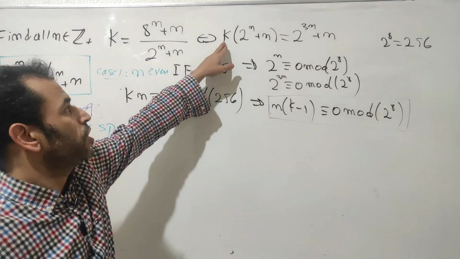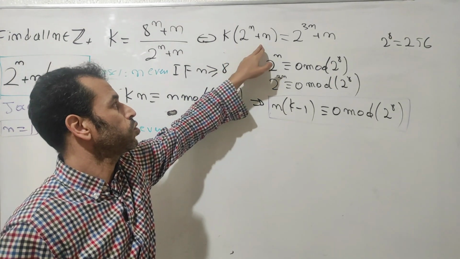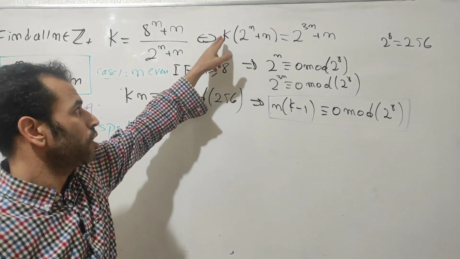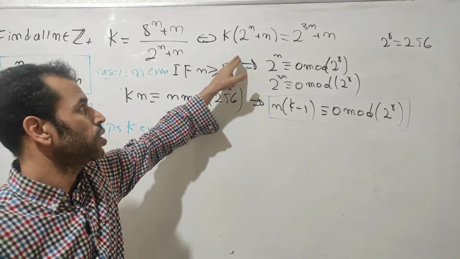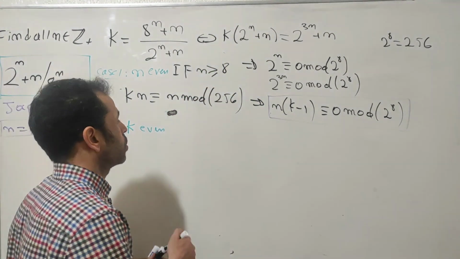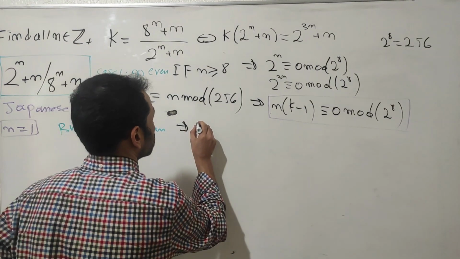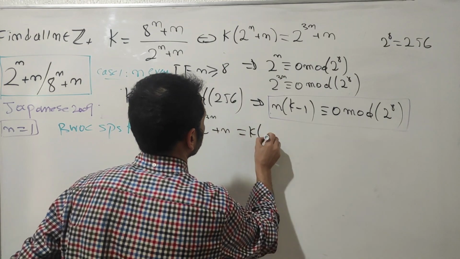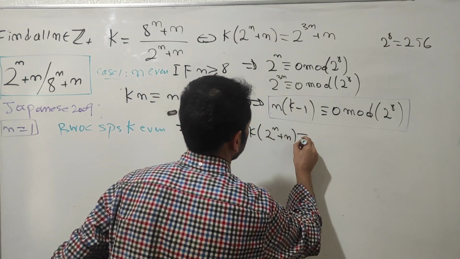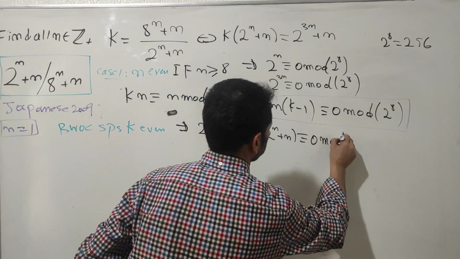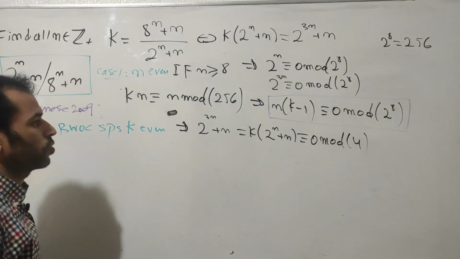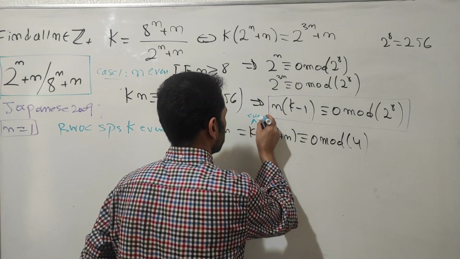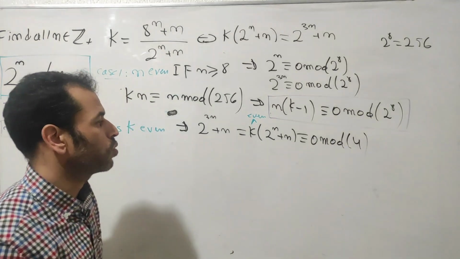If k is even, we know already these two terms are even, because even multiplied by even gives a multiple of 4 on each side of the equation. So 2 to the 3n plus n, which equals k multiplied by 2 to the n plus n, is congruent to 0 mod 4, as we discussed before, because this one is even and this one also is even, which means it will be a multiple of 4.